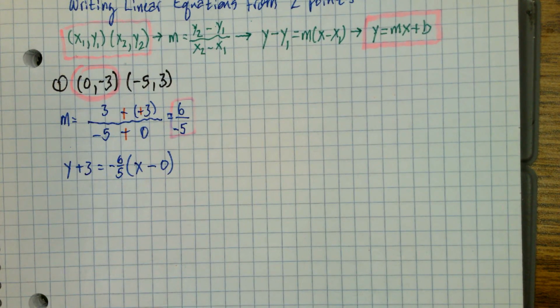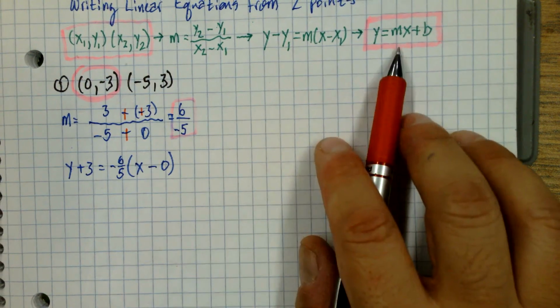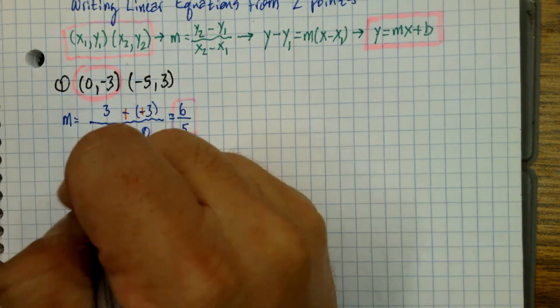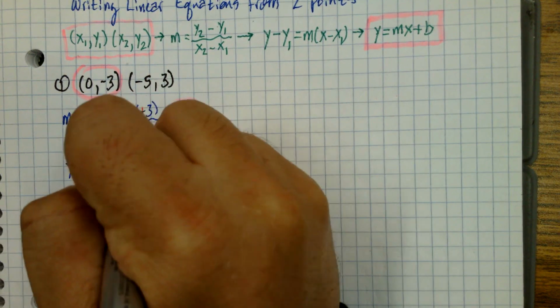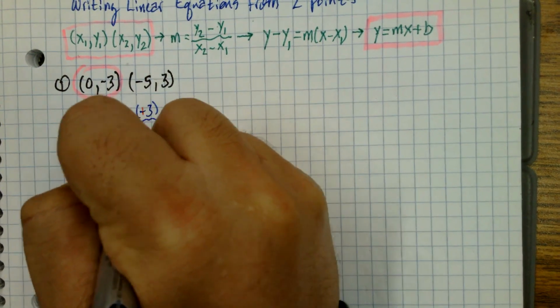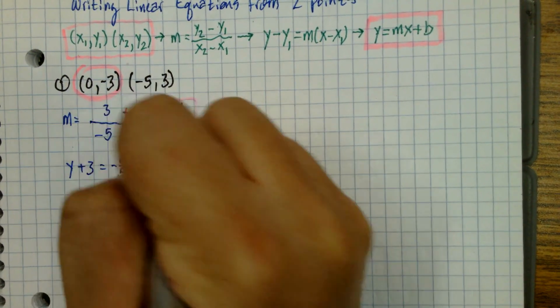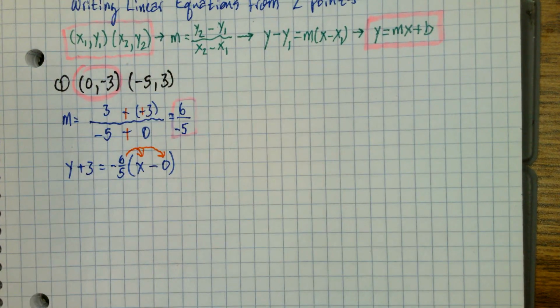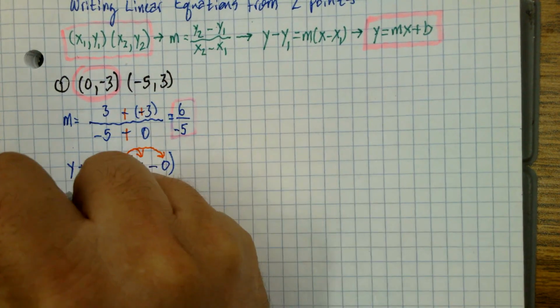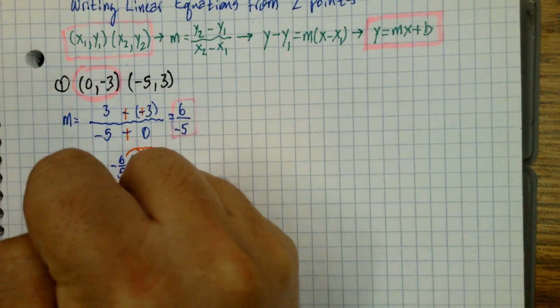Okay, so let's distribute. Here's where we convert all of this into an equation in slope-intercept form. So let's multiply with negative 6/5. And that 0 is going to make it a lot easier. So let's see. y plus 3, nothing happens there.